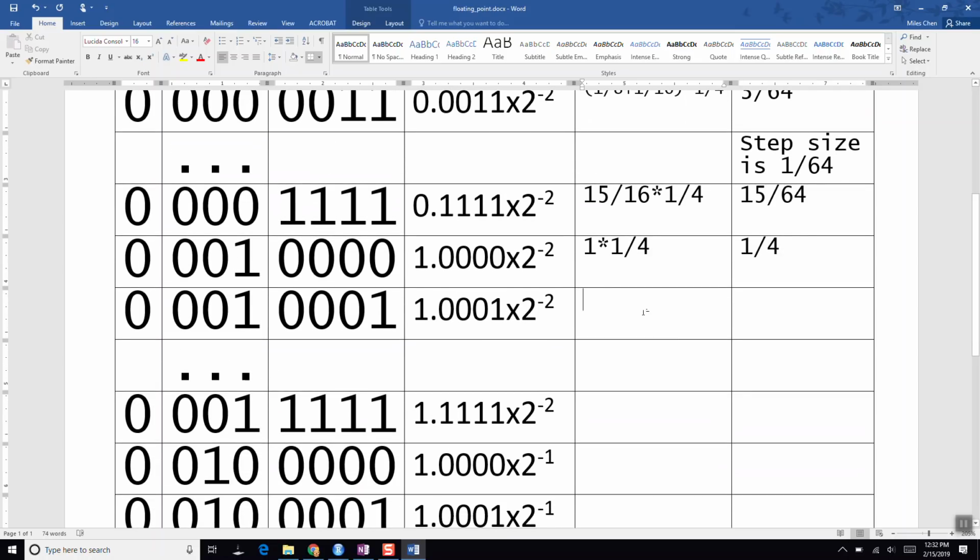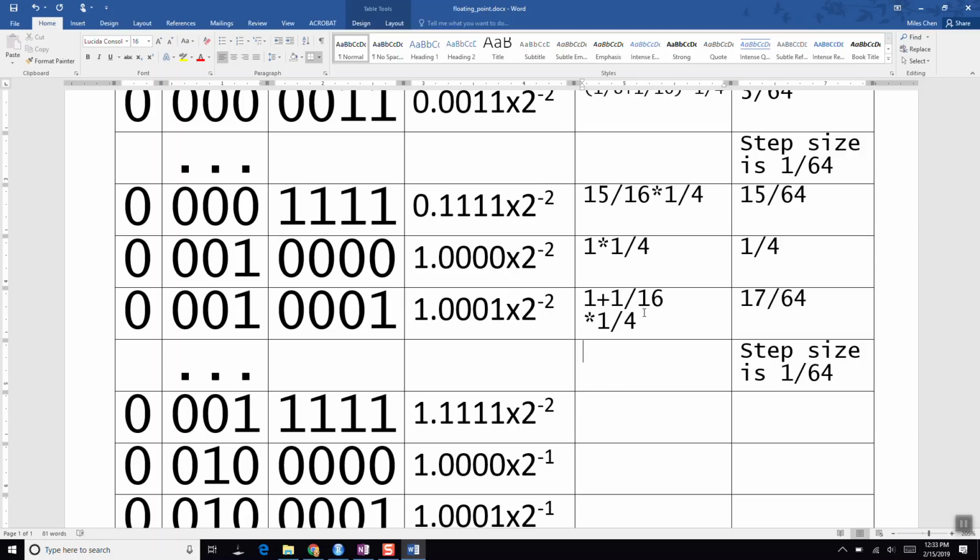When I go up to here, I have 1 plus 1/16 times 1/4. So what will that give me? 17/64, right? So our step size is still 1/64.